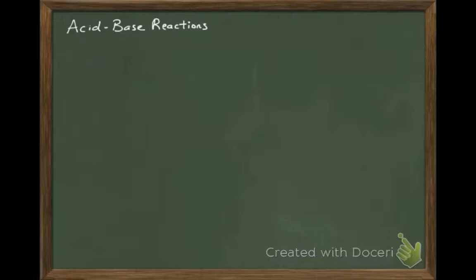So, for instance, acids commonly have a sour taste and will turn certain types of plant-based pH indicators like litmus to red, a different color.